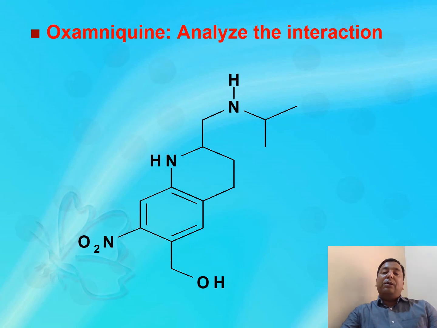Now I'll give you one molecule to analyze its interactions. Here you have to write what possible interactions are there in this compound which may maximize the interactions and lead towards good compounds for any target, for any disease, and for any enzymes which cause that disease.